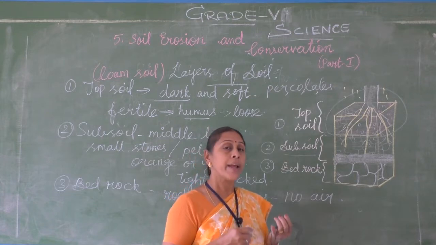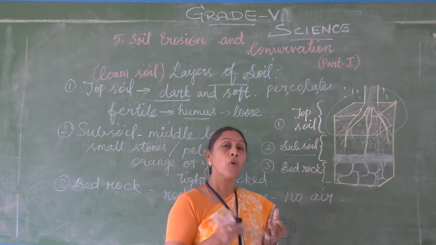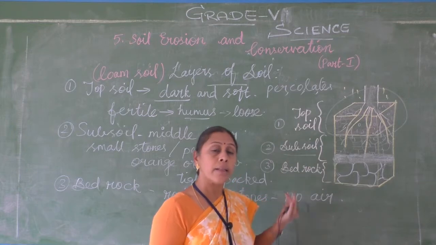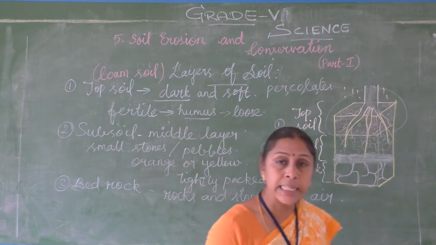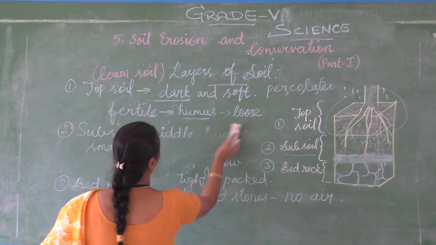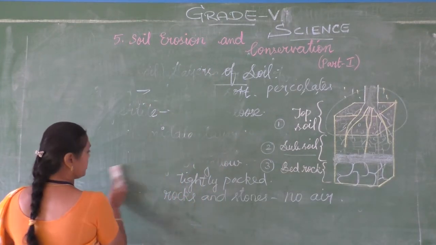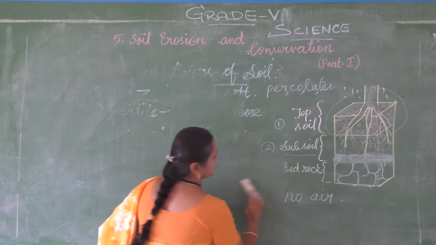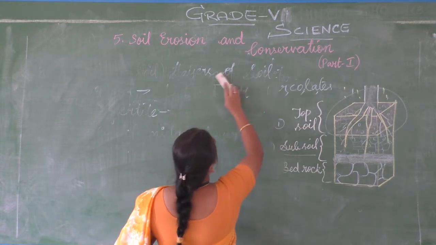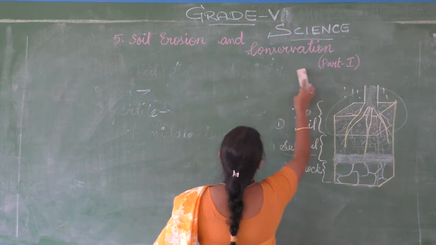So till now we have discussed what is soil, how soil is formed, and the layers of soil. Next one, we are going to see about living organisms in soil.